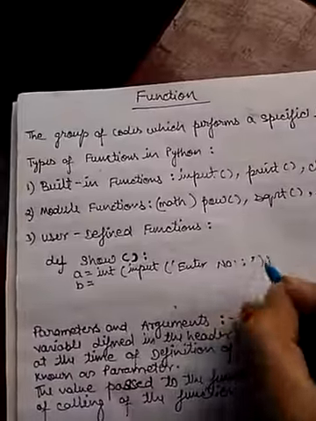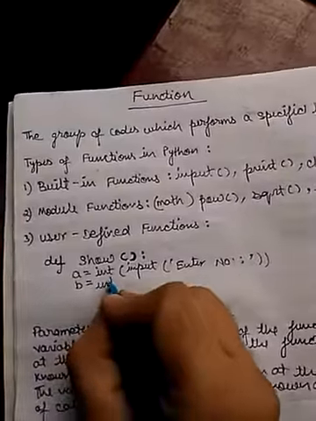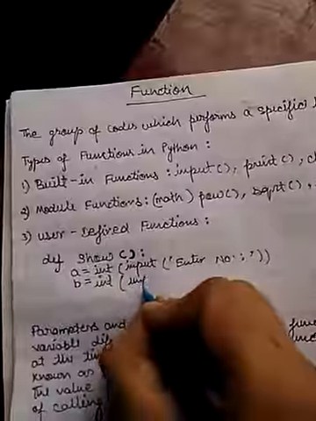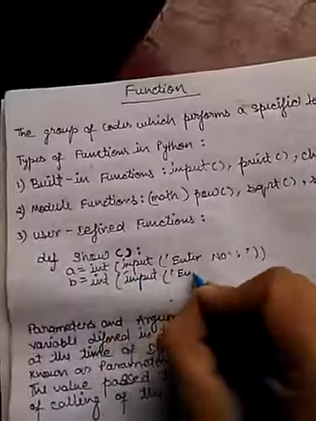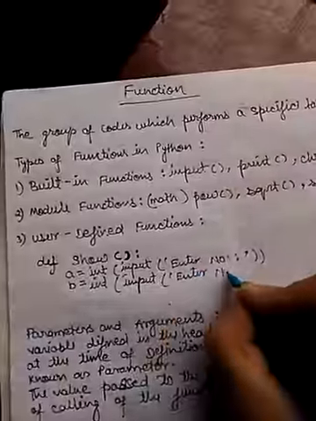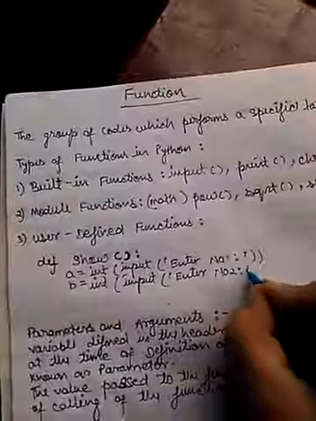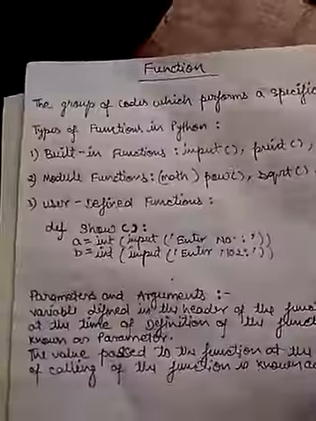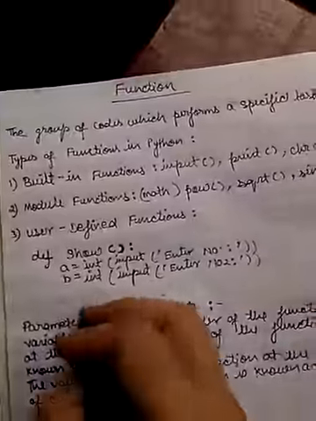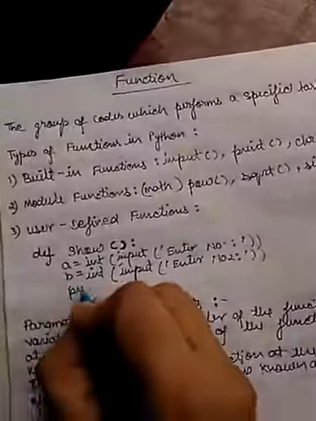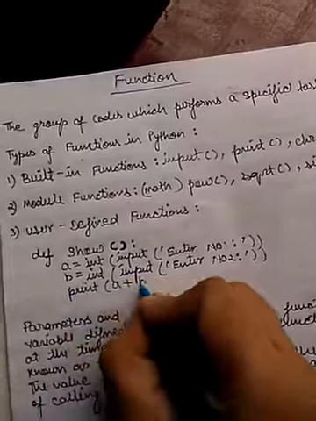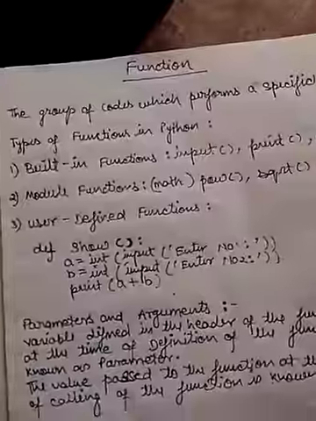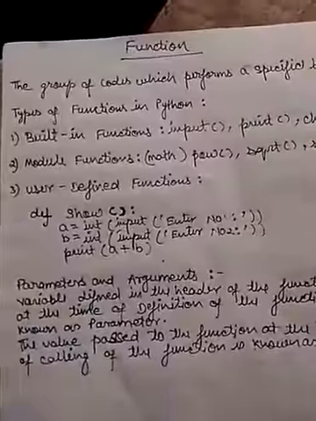Now I have to take the second number: b = int(input("enter number 2")). After that we have to print it, print a plus b. So in this way it will display the sum of the numbers.